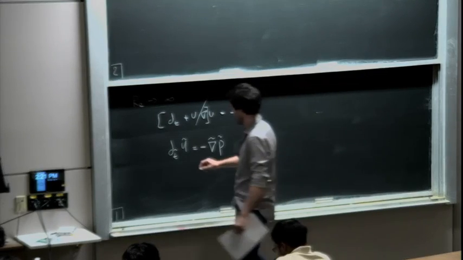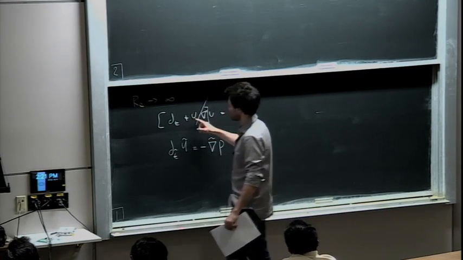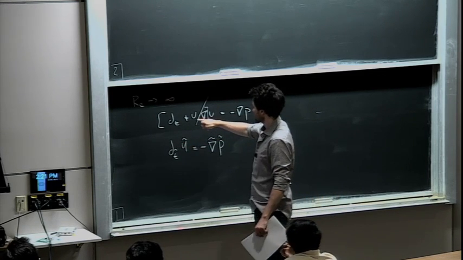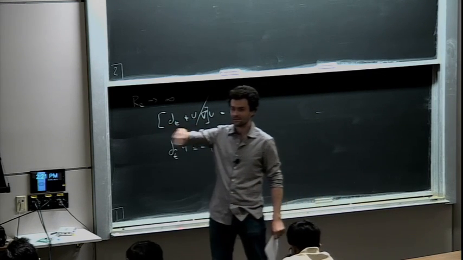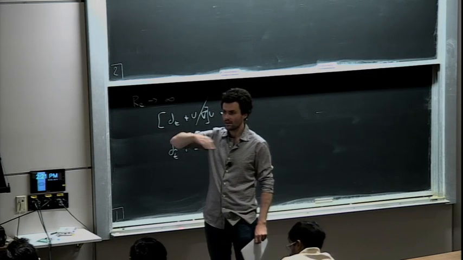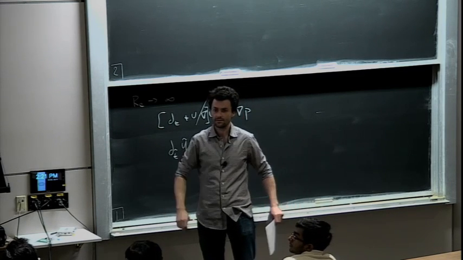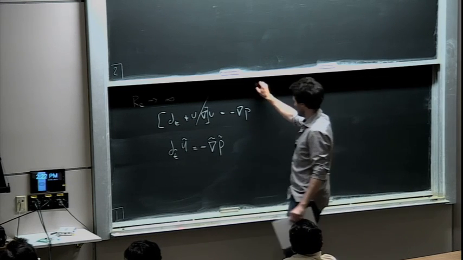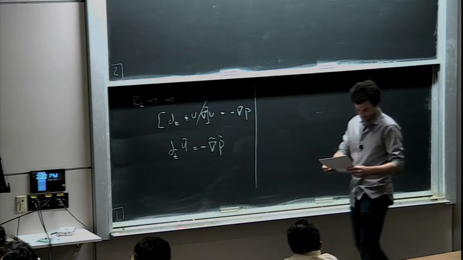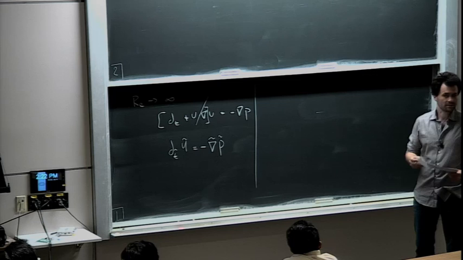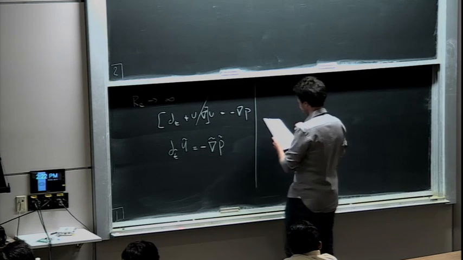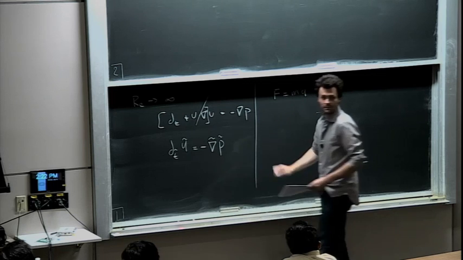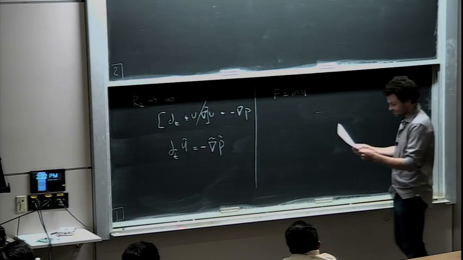Yep? We dropped this term because of the one-dimensionality of the flow. So the u dot grad is a d by dx along the flow lines, and there was no gradient in the velocity along the flow lines. So if we think about what we would have done if we were just solving for a solid mass moving back and forth, we would have done F equals ma. So what's our F?